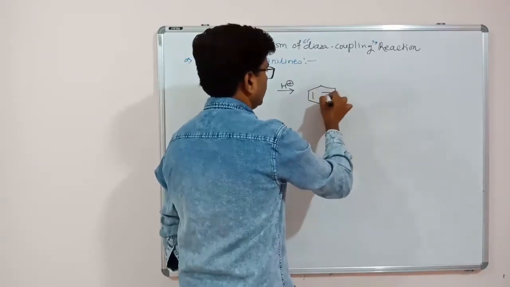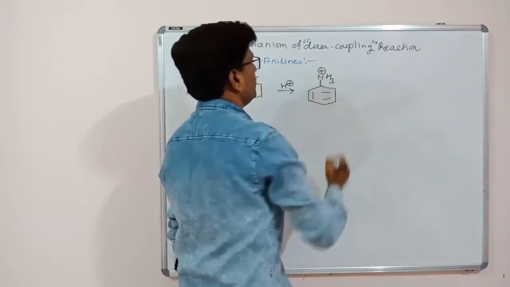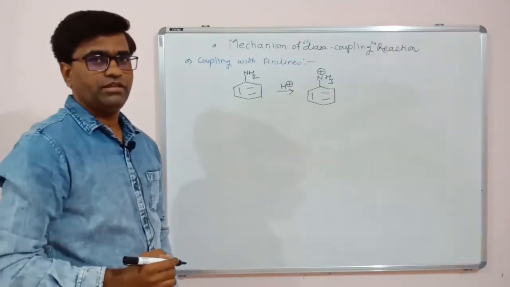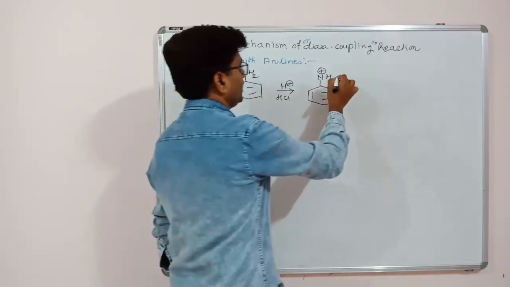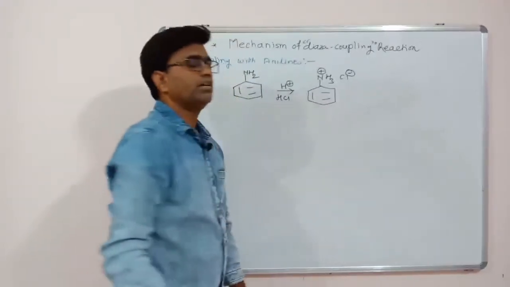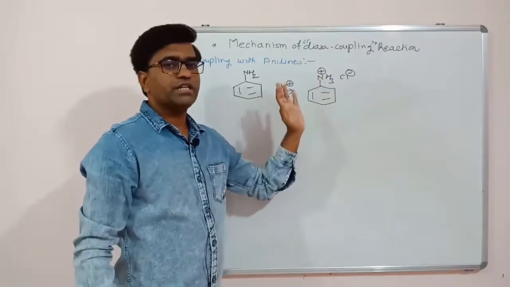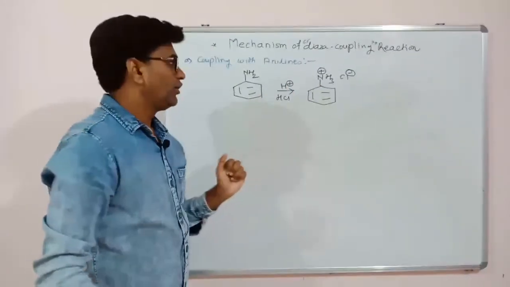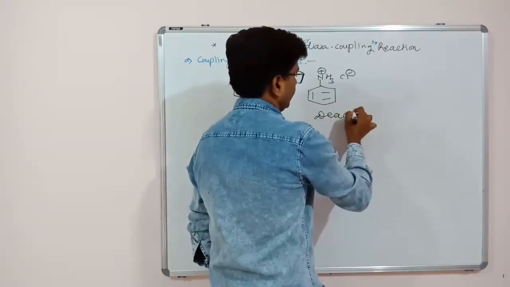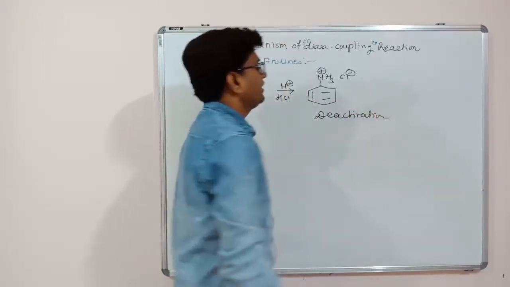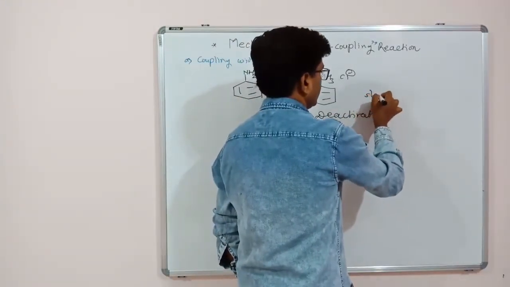Our amine group will get protonated, forming an ammonium salt. For example, if you are using HCl, we will get ammonium chloride salt. In this case, there will be no plus R effect. So this is a deactivation of the ring, and diazotization reactions will be slower.